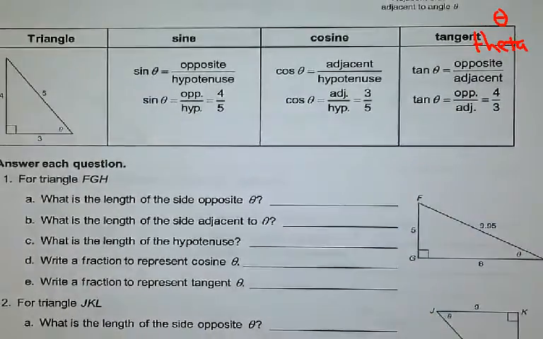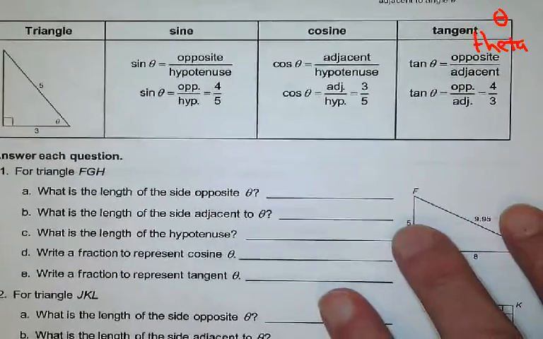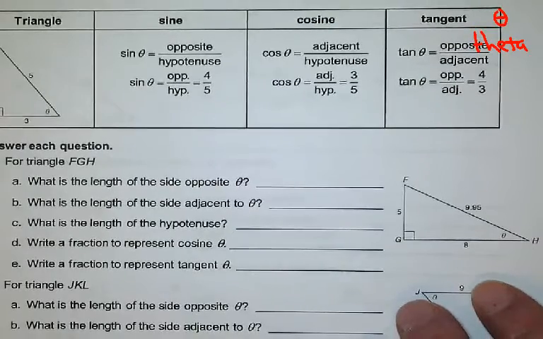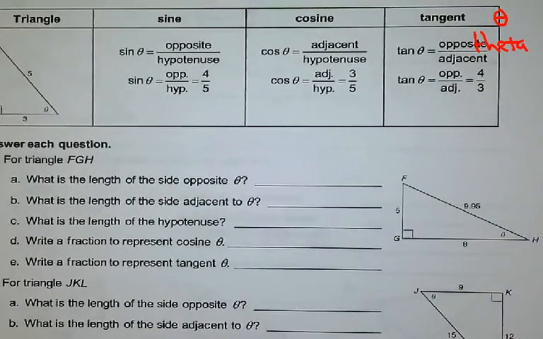All right. So we're looking now at triangle FGH. Let me scoot it over here so you can see the H. There it is. So what's the length of the side that's opposite theta? Here's theta. The side opposite would be this one.